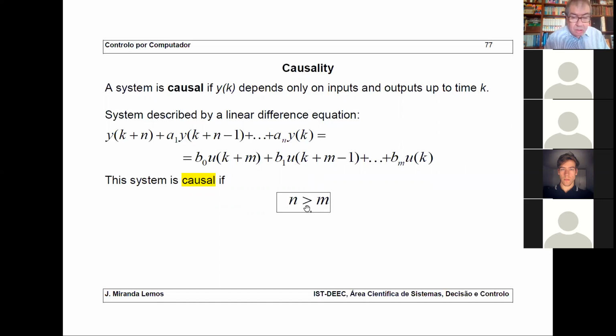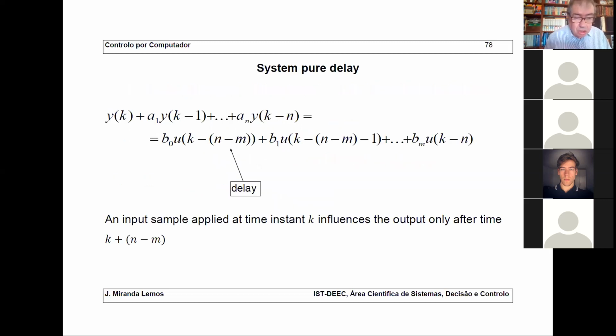Of course, n equal to m is causal also, but we won't consider this. Causality is related to the relation between the number of poles and zeros, something that I have not yet defined, but we can anticipate a little. And we have this notion of delay, which is nothing more than the difference of n and m.